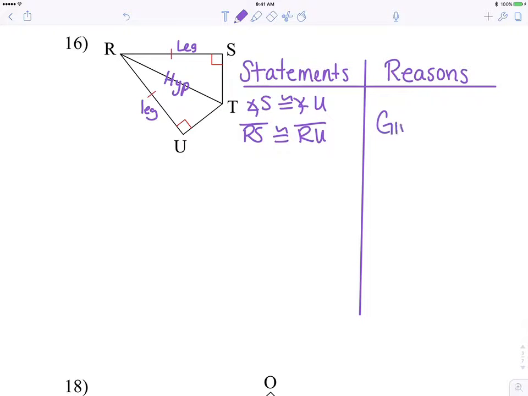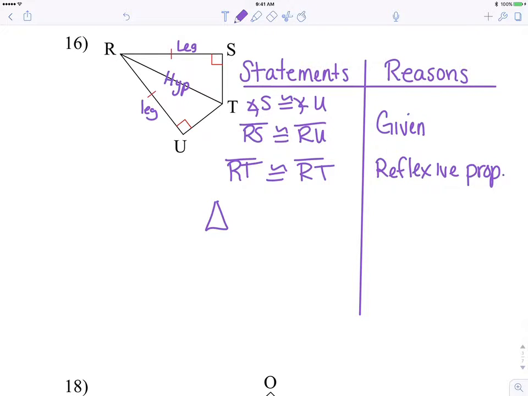So I'll just write given. Then we can easily assume RT is congruent to itself as the third pair. That's the reflexive property. And now that I have 3 pairs, I can go ahead and say what 2 triangles are congruent. So triangle RST is congruent to triangle RUT, and that's by hypotenuse leg.